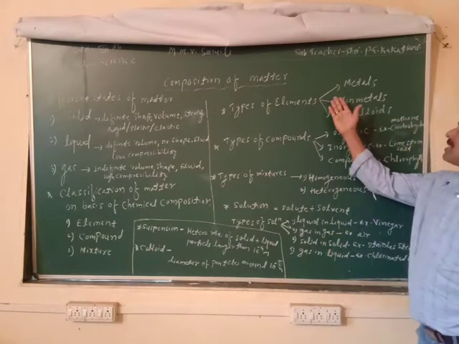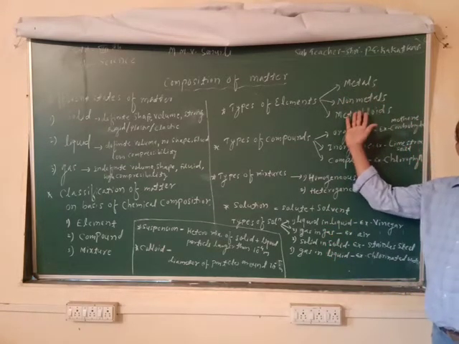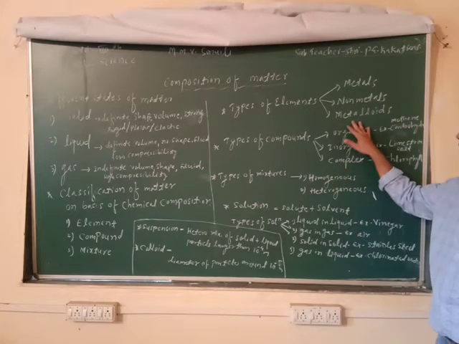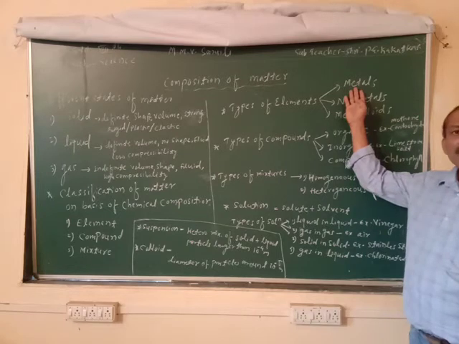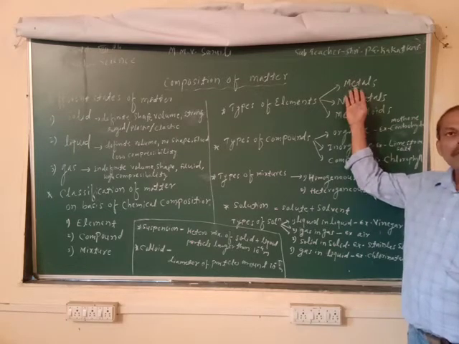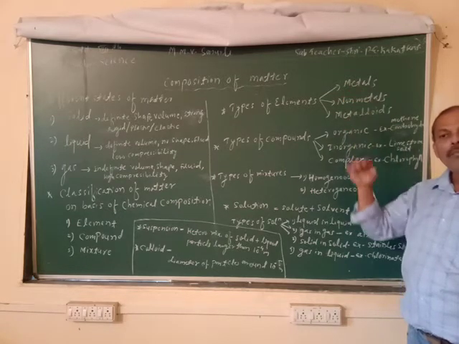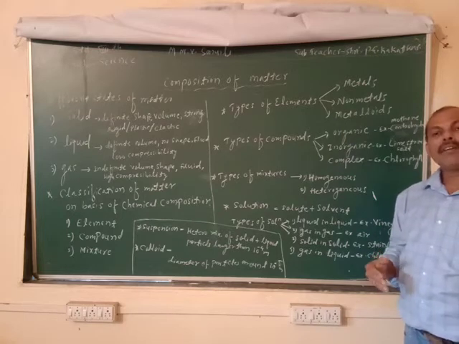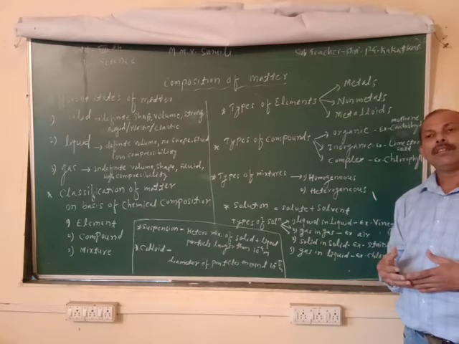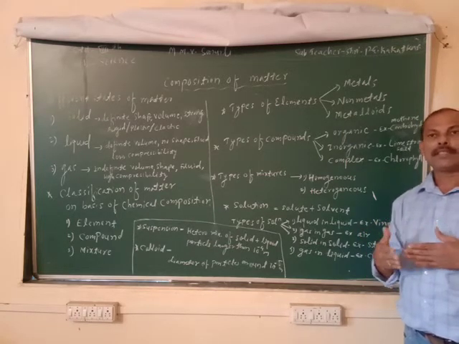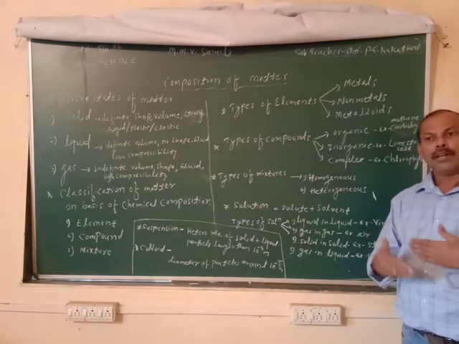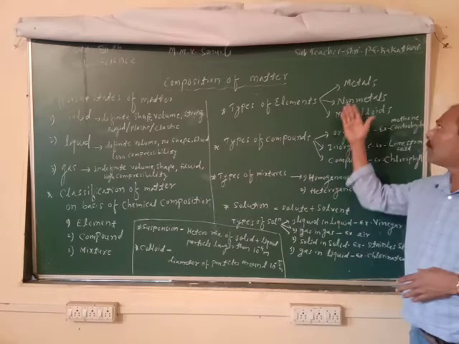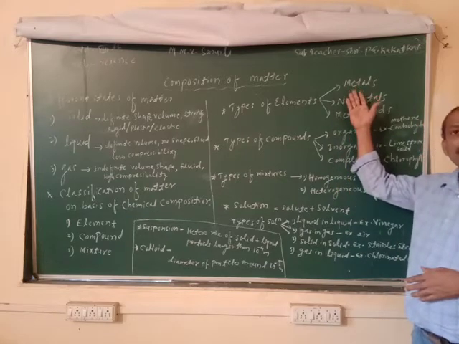Out of them, some are metals, some are non-metals, and some are metalloids. What is metals? Metals have a capacity to conduct electricity and heat. So these are some properties of metals.